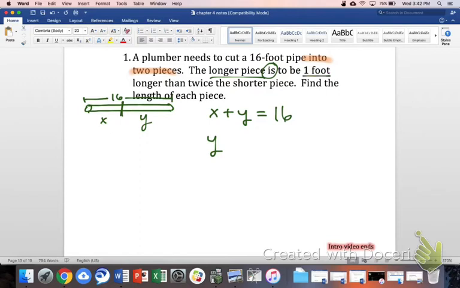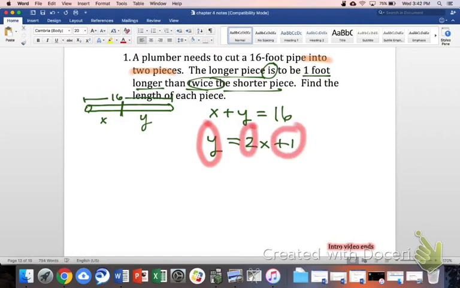When I see 1 foot longer than, I think plus 1. And twice the shorter piece sounds like 2 times the shorter piece, and the shorter piece is X. So that would be Y equals 2X plus 1. In other words, the longer piece is 1 bigger than twice the shorter piece. We want to accurately translate that English into an equation.